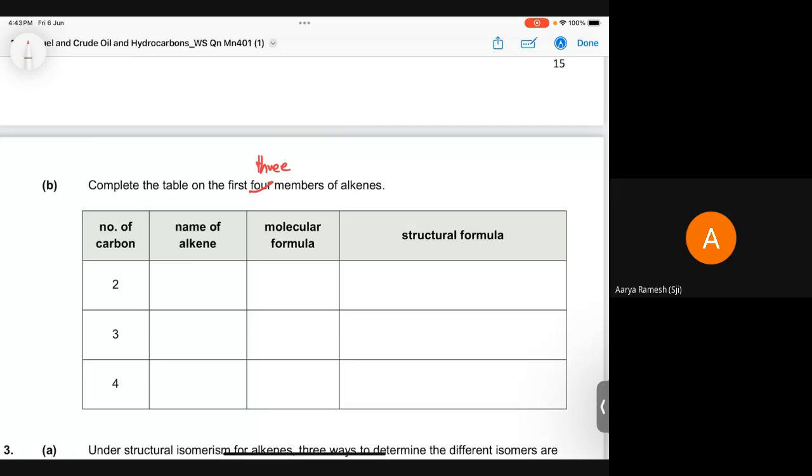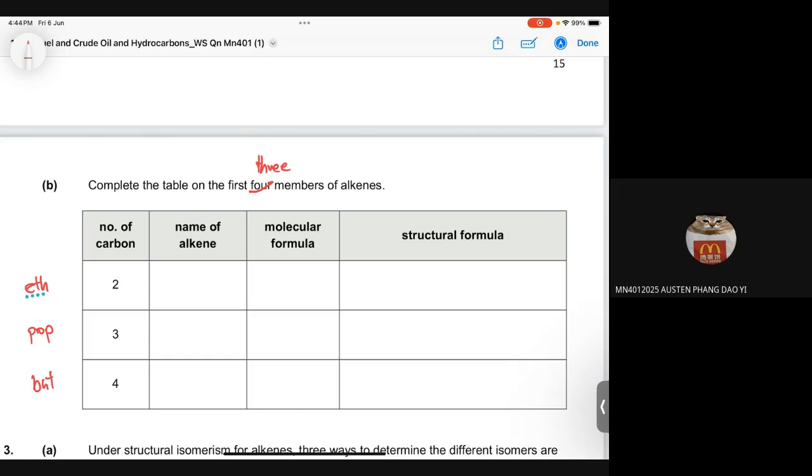Austin, if it is 2 carbon, what is the prefix? What's the starting part of the name if it's 2 carbon? ETH. 3 carbon? PROP. 4 carbon? BUT. Okay, thank you very much.